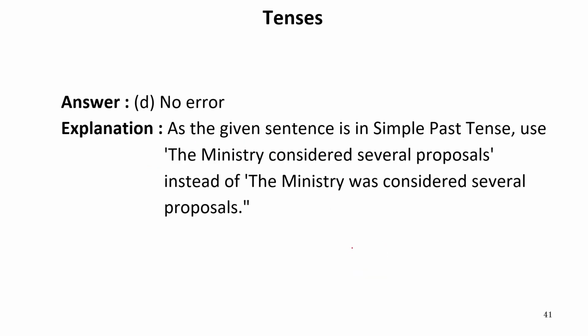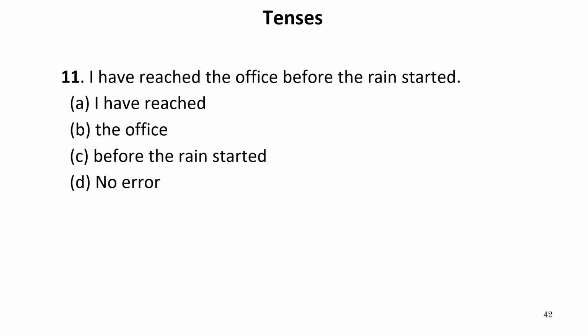But what error? The ministry considered several proposals will be correct, and was will be removed from this sentence. So here the error is in part A, because as the given sentence is in simple past tense, use the ministry considered instead of was considered. Was considered makes the sentence passive voice, which is not required over here. So let's move to the next sentence.